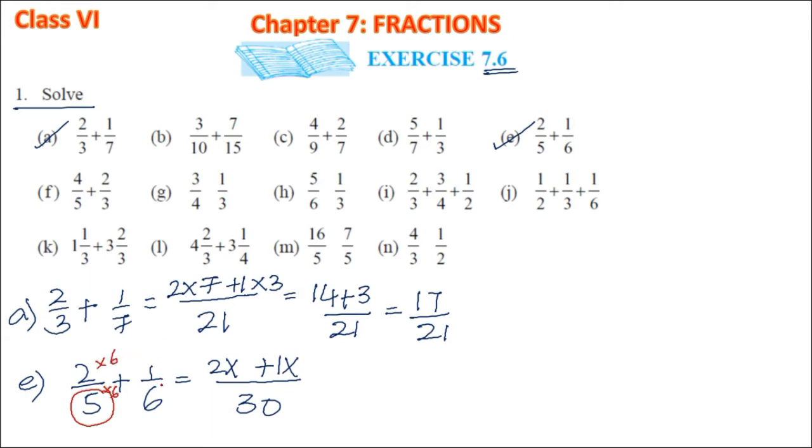So this should be multiplied by 6. Same way, for the fraction 1 by 6, if you multiply 5 to both numerator and denominator, the denominator will be having LCM. So 2 is multiplied by 6, 1 is multiplied by 5, we get 12 added to 5 by 30, we get the numerator as 17 and the denominator as 30.